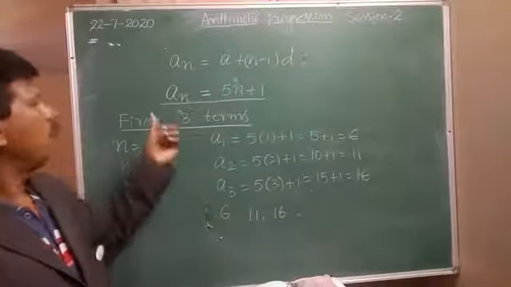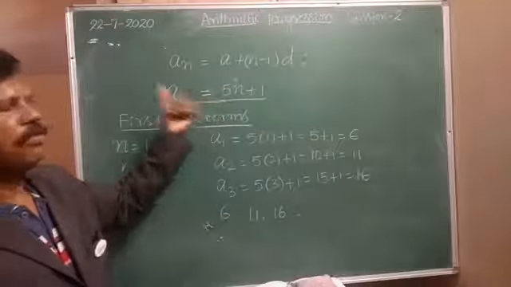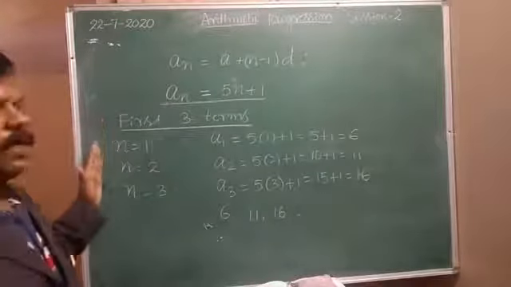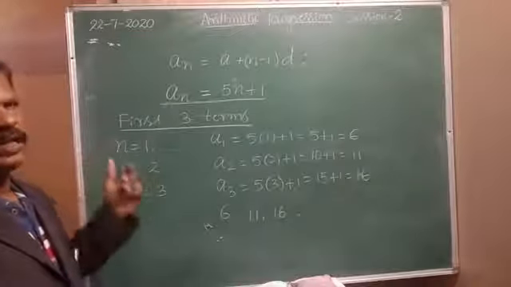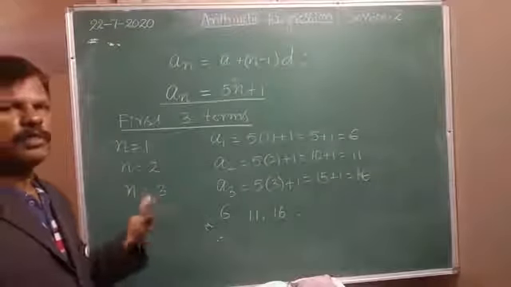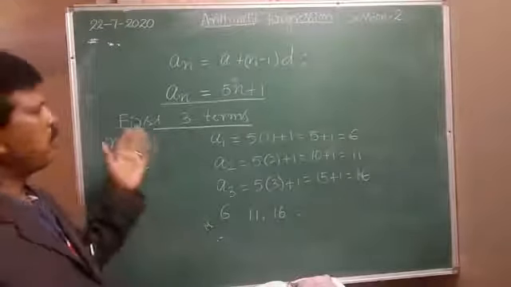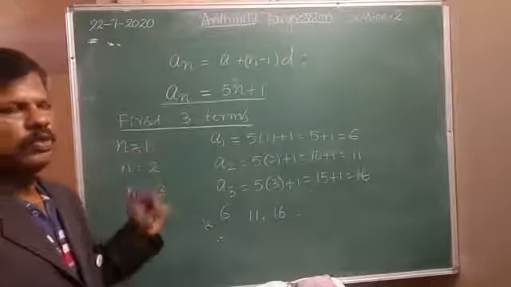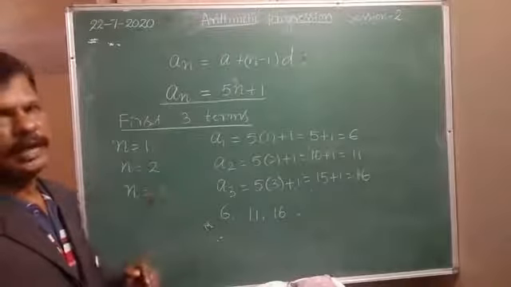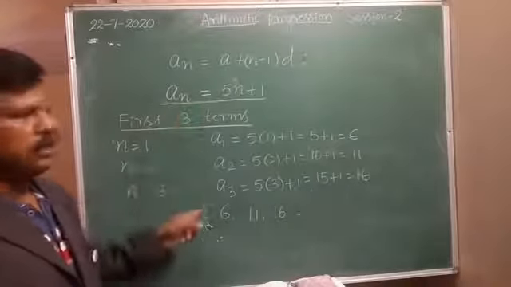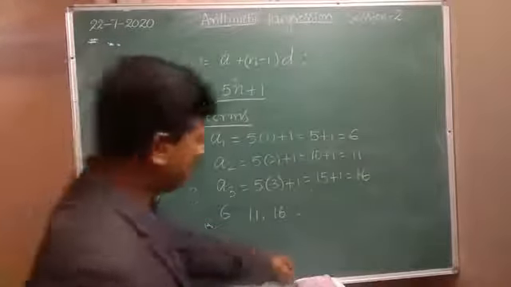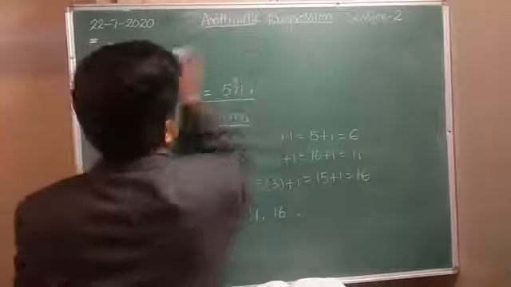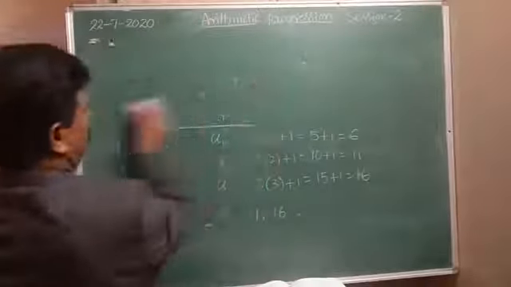Clear? So when you are given the nth term of a progression, then to find the terms, whether they ask for 3 terms, 4 terms or 5 terms, you go on substituting the values 1, 2, 3 in place of n. Understood? This is one type of question you may expect as a 1 mark multiple choice question.